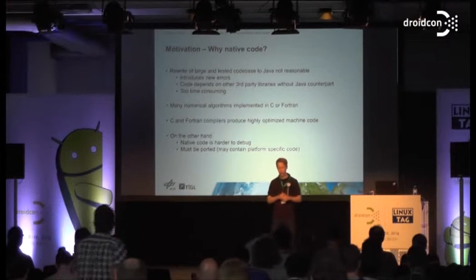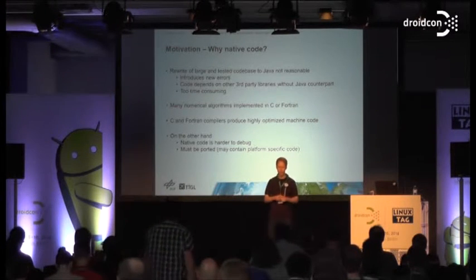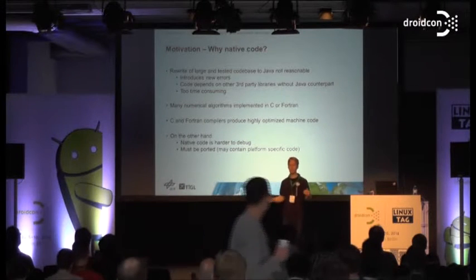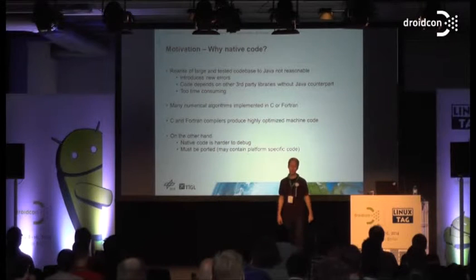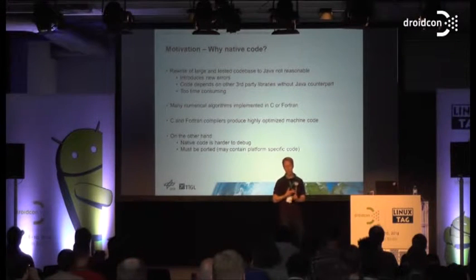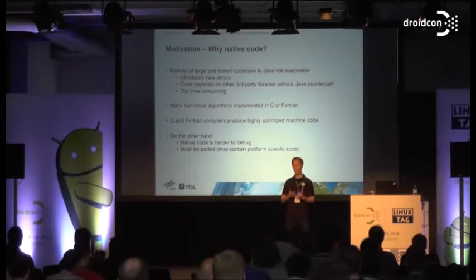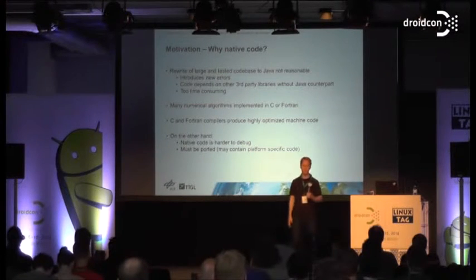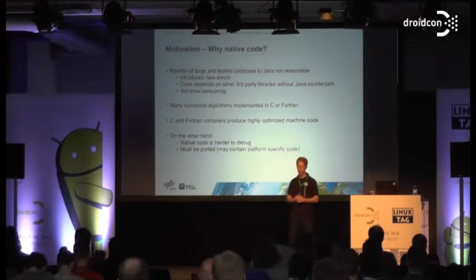Your code also might depend on a third-party library which just doesn't exist in Java, and it's also too time-consuming to do that. In addition, there are lots of numerical algorithms implemented in C and Fortran, and you want to use those. And third, maybe you don't want to hear it as Java people, but the Fortran and C compilers are much faster and produce much better optimized code.